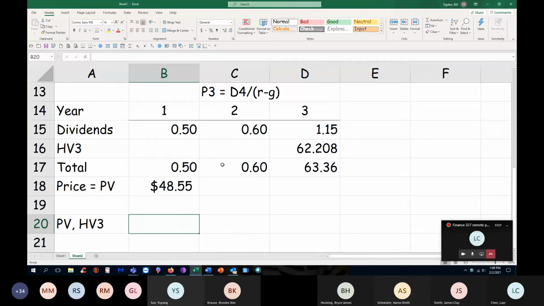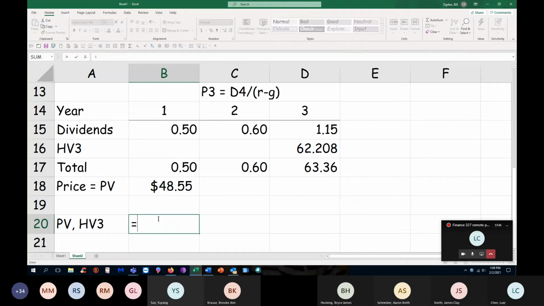And we've discounted this back 3 years to arrive at the 48.55. A little bit different here. We will discount just the 62.208 back to a present value.